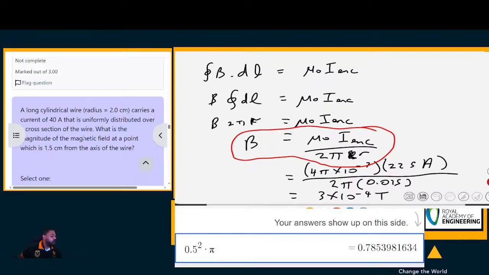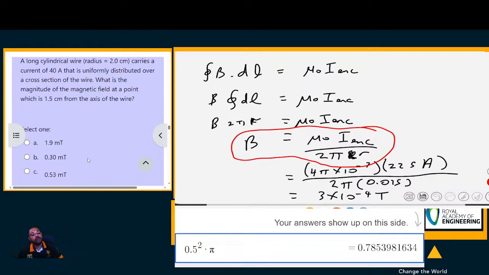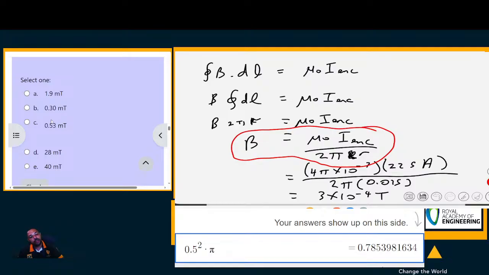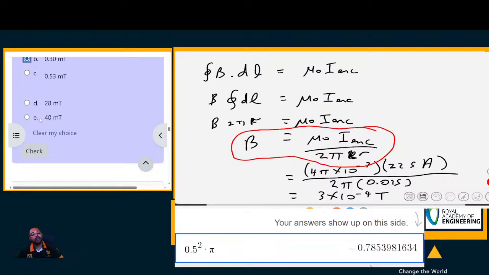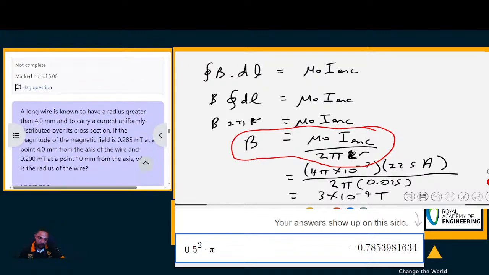Okay, in this case 3 times 10 to the negative 4 Tesla, or 0.3 millitesla. 0.3 millitesla, let's check. Your answer is correct. It is indeed 0.3 millitesla.